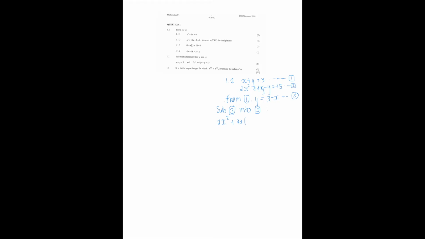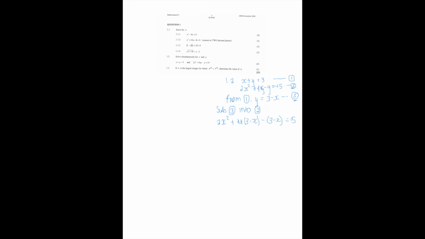So y is 3 minus x, minus y, which is 3 minus x, equals 15. So what we have done is we've substituted equation 3 into equation 2.